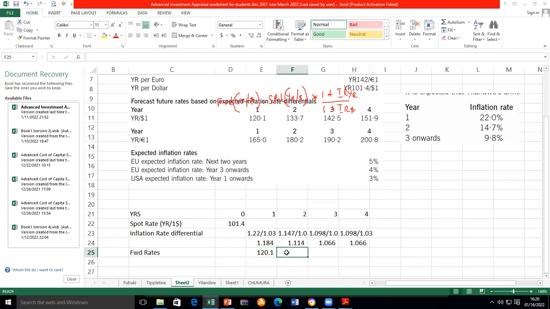Then here, we take this one and multiply by that one, multiply by that. Can we see now how these were estimated?